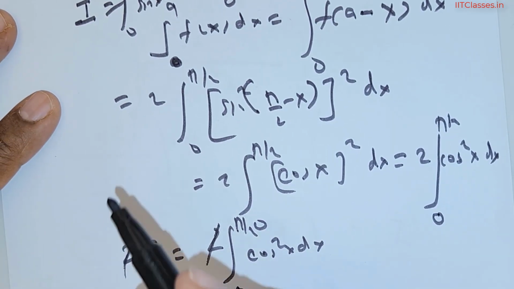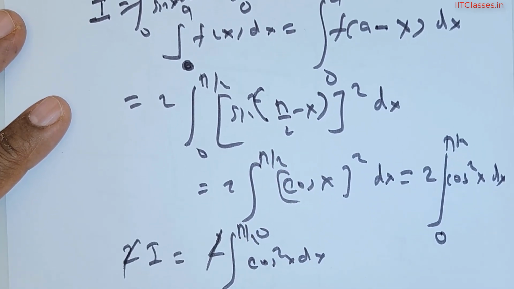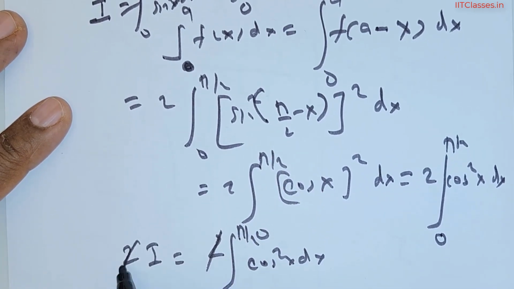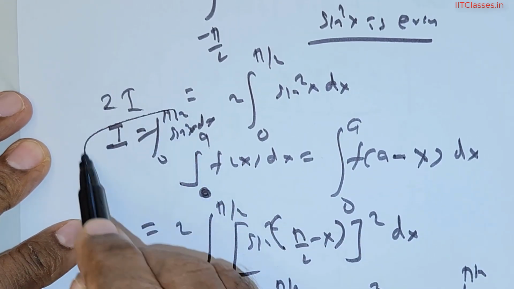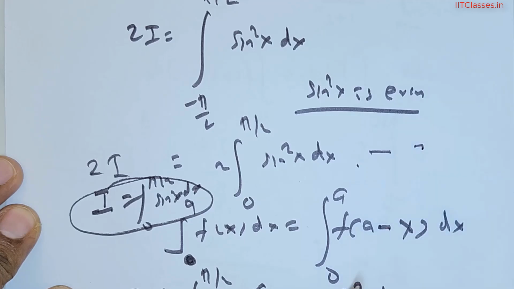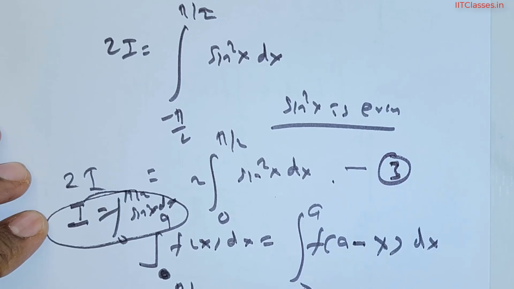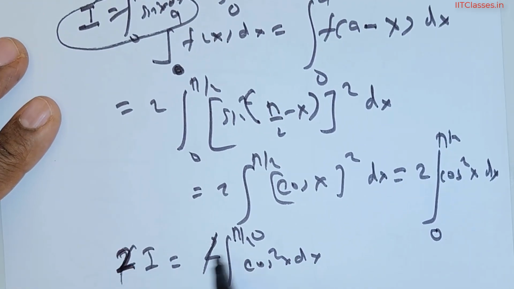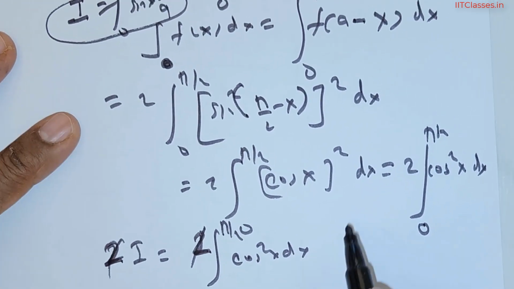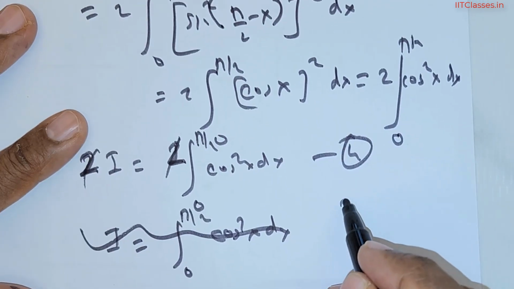In case you do not want to cancel it, since we already have 2I equal to this, let me take this as 3. If you don't want to cancel it, you can still retain it like this, and take this as 4. So what we can do is add 3 and 4.